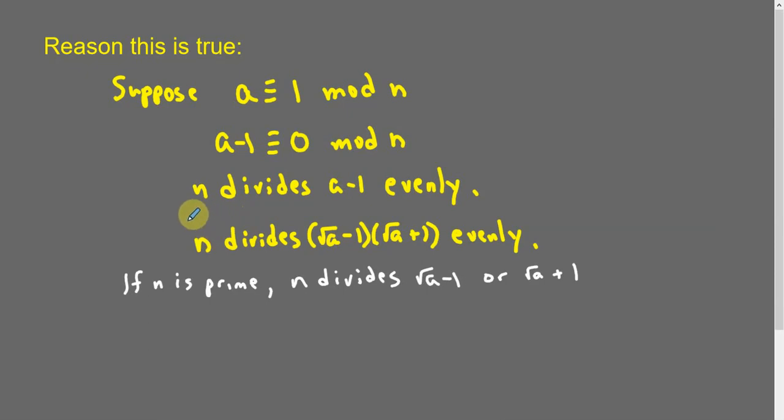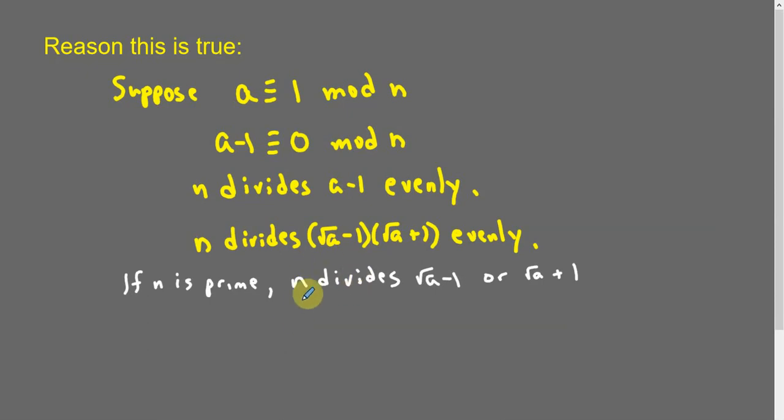So if you have a prime like 7, you can't do that little trick. So if this is divisible by 7, then either this is divisible by 7 or this is divisible by 7, or maybe they both are, but like I said, at least one of them is divisible by 7. That is the difference between prime and composite right there.